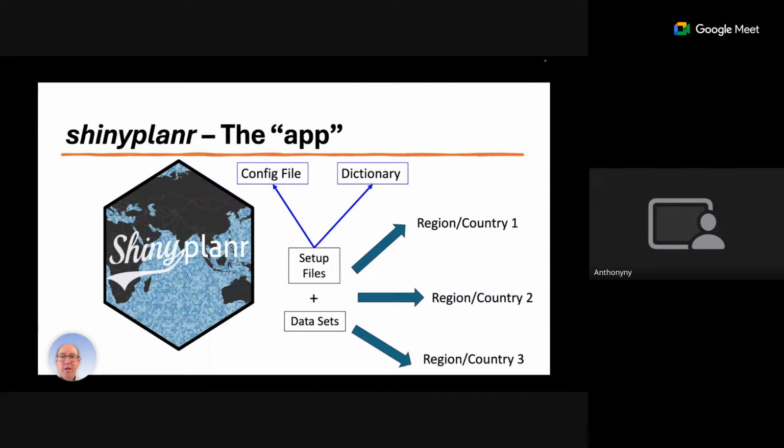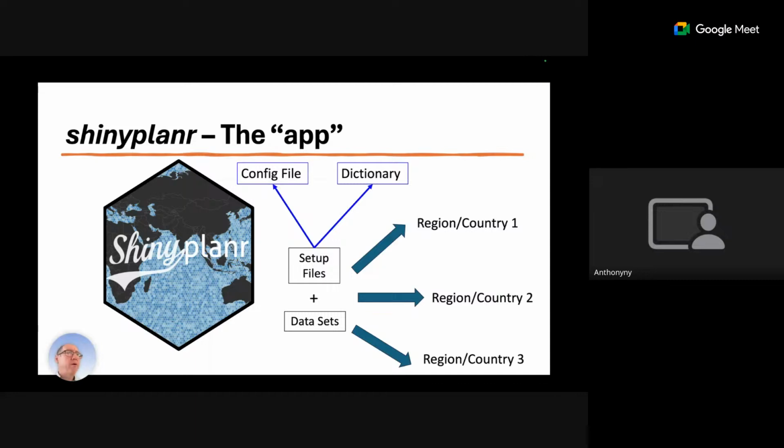We've now made this Shiny Planner app, which has a config file, so you can generate an app for spatial planning based on it. It will set paths, file names, background colors, and the text, and there's also a dictionary that gives you a setup file. With the pre-processed data sets, we can then make an app for different countries or regions or whatever we're doing.